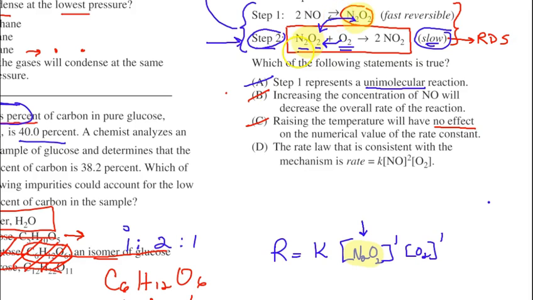So what I'm going to do is take step one. I'm going to do the rate of the forward of step one, and that's equal to K of the forward step one.